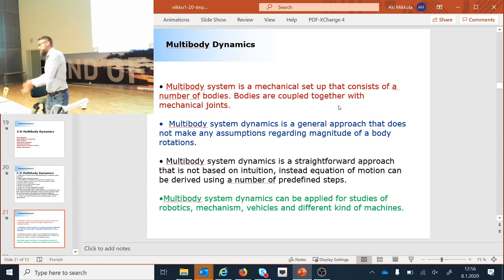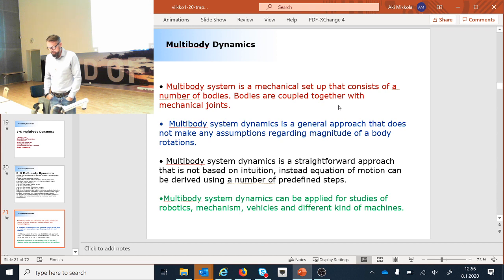And if you have cosine and sine in your equation, then you will have a nonlinear equation of motion. So it's not linear dynamics we're dealing with, but nonlinear dynamics. And if you have a nonlinear equation of motion, generally speaking, there are no analytical equations available. So we have to solve the response by solving the equation forward in time. So that's what we're doing in multibody dynamics.